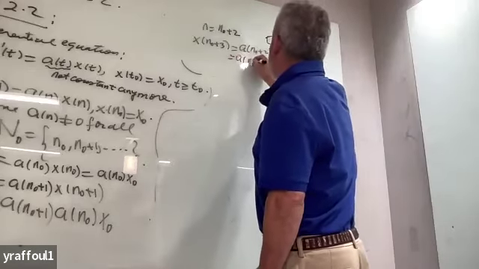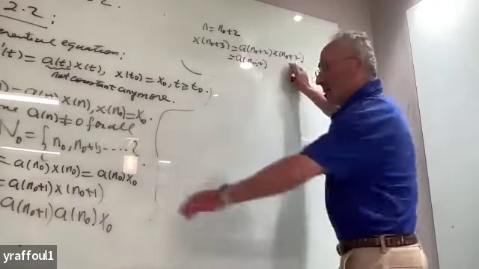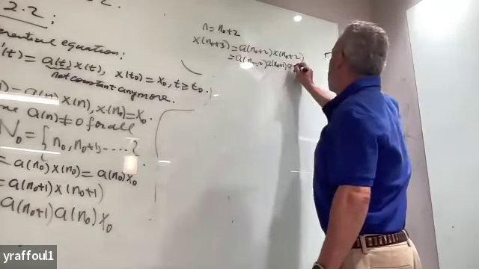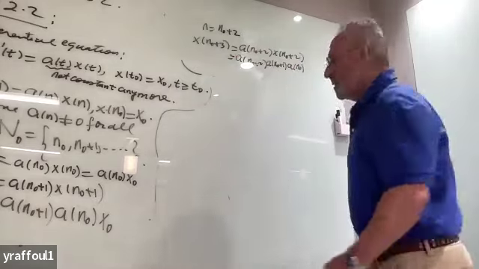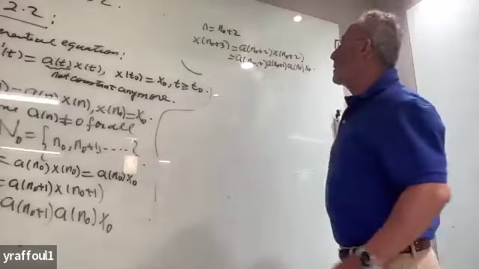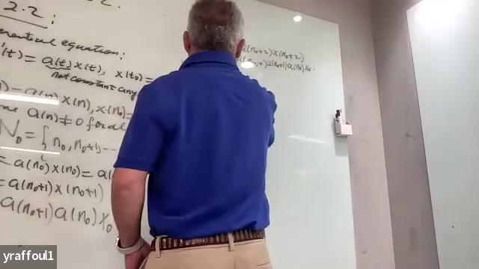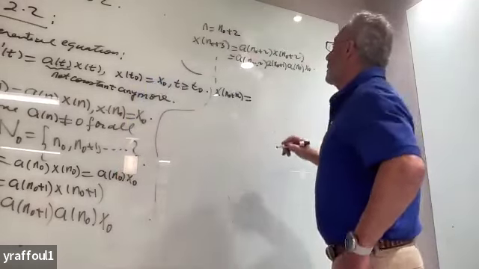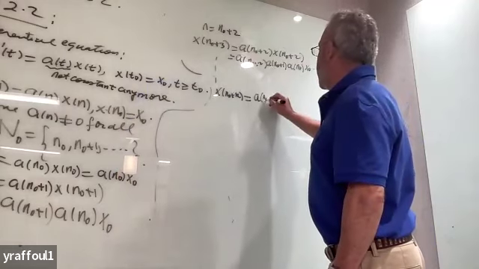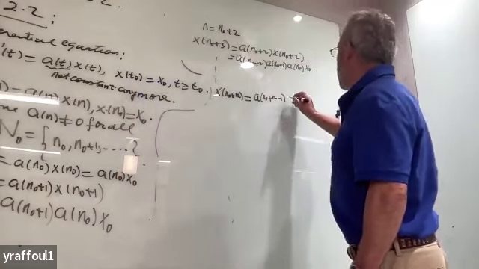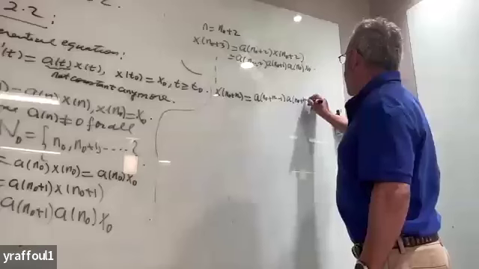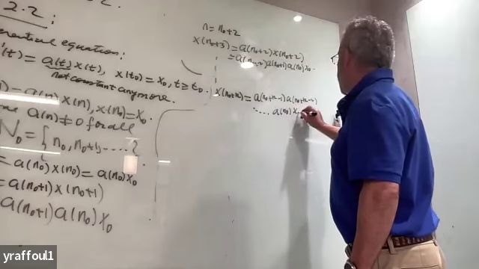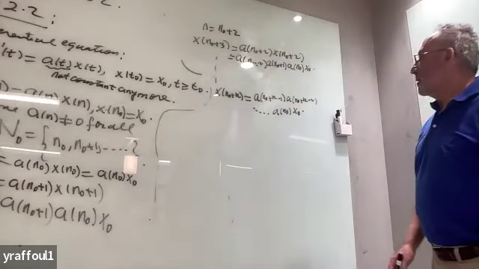That is a_{n0+2} times a_{n0+1} times a_{n0} x0. So if I keep going to x_{n0+k}, I'm going to get a_{n0+k-1}, a_{n0+k-2}, and so on, times a_{n0} x0.